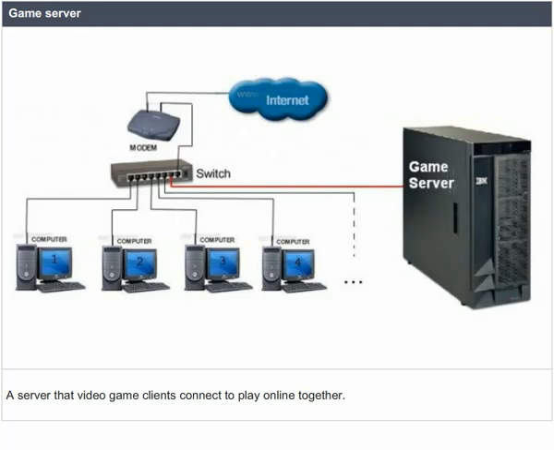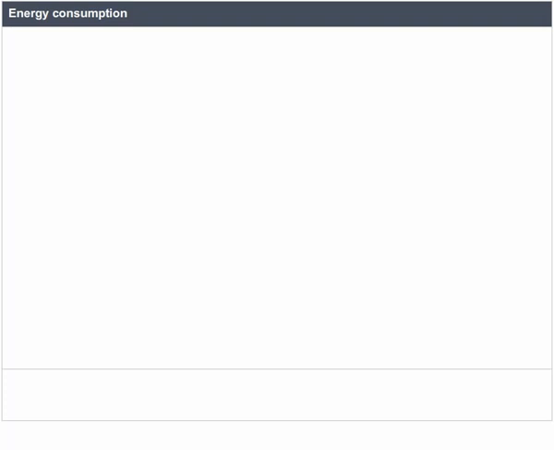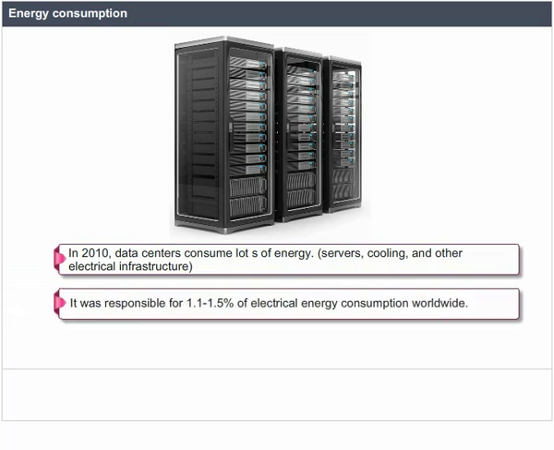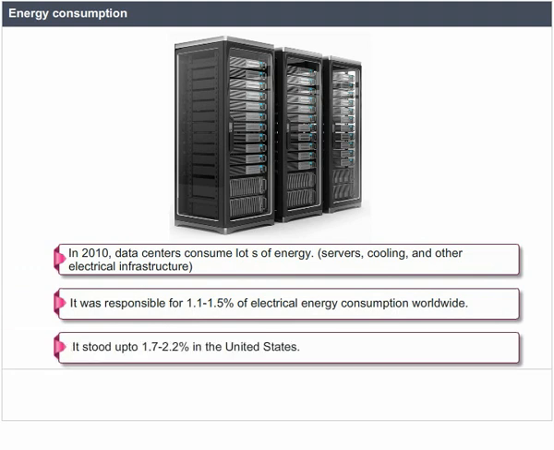Energy consumption. In 2010, data centers consumed a lot of energy: servers, cooling, and other electrical infrastructure. It was responsible for 1.1 to 1.5% of electrical energy consumption worldwide, and 1.7 to 2.2% in the United States.